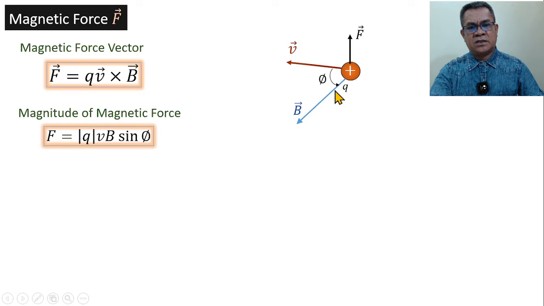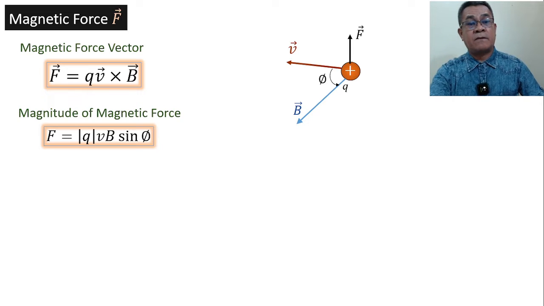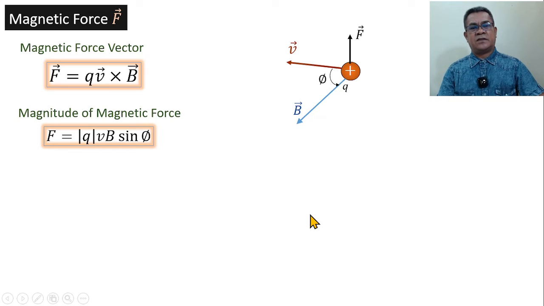Remember, the angle is clockwise or counterclockwise. If this angle is counterclockwise, meaning it should be positive, the force is in a positive direction. Now, if this angle is in a clockwise direction, then this force reverses its direction. So we have to be careful on the orientation.